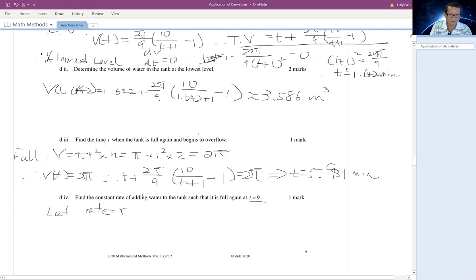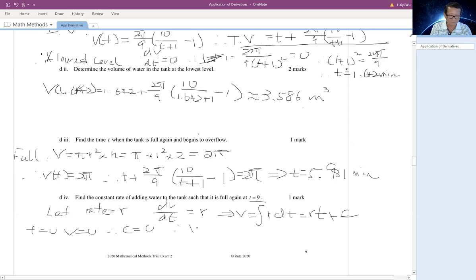So dV/dt is r, so the constant adding volume will be the integration, which is equal to rt plus C. Again, when t equals 0, the constant volume must be 0, so C must be 0.